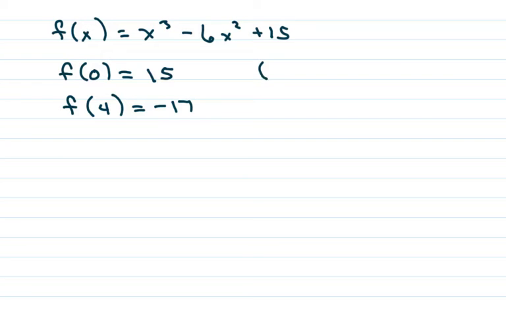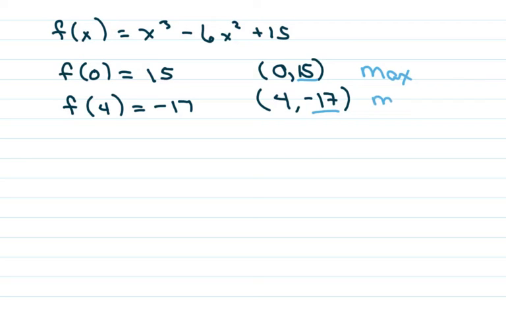So our points are going to be (0, 15) and (4, negative 17). 15 is the bigger number, so this is going to be your relative maximum, and this is a smaller number. This is relative minimum.